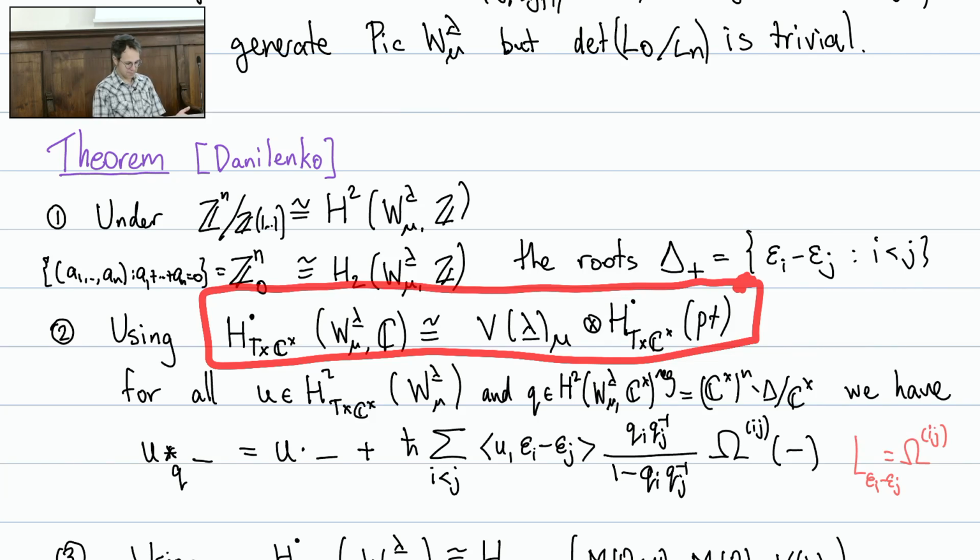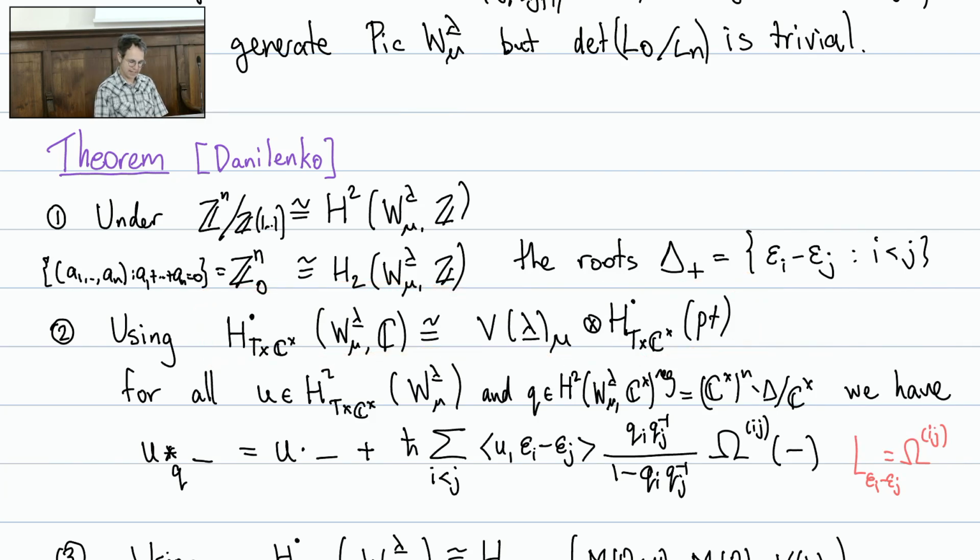Once we do that, the action of those L alphas, those things appearing in the right-hand side of the Okounkov formula, become the action of those omega ij's. Those guys act over here, right? This omega ij lives in UG tensor n, so it's well defined and acting over here. So this is the second part of the theorem.